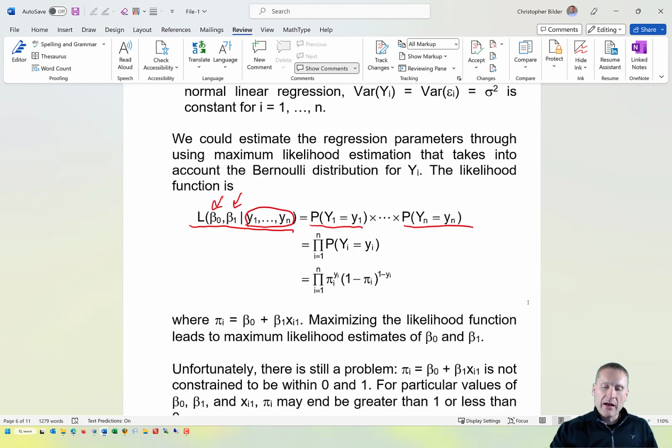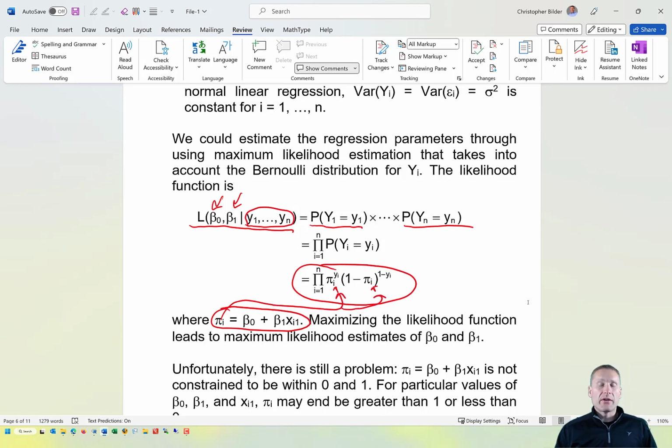And I can keep on writing this out, and we get exactly the same likelihood function that we did before when we let y have this Bernoulli distribution. The only difference is that I have a subscript i on the pi's. Based upon how I wrote the regression model before, we can just substitute beta 0 plus beta 1 times x of i1 into there. And that's why this is a likelihood function written in terms of beta 0 and beta 1. And so we can maximize that likelihood function to come up with maximum likelihood estimates for beta 0 and beta 1.